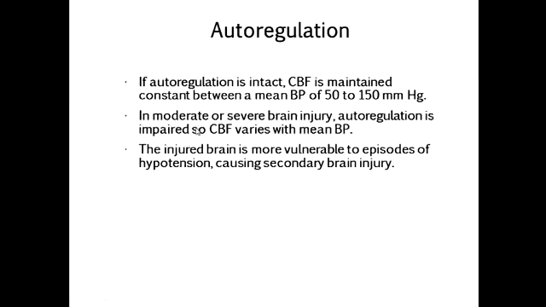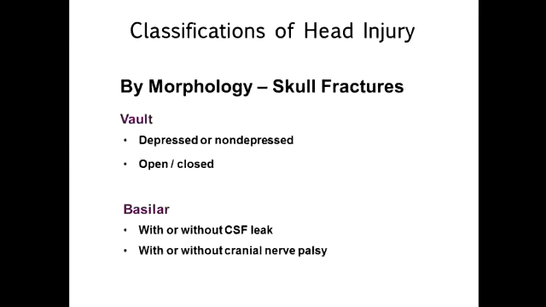But in moderate or severe brain injury, where this autoregulation is impaired, the cerebral blood flow varies with the mean blood pressure systemically, and the injured brain therefore is more vulnerable to episodes of hypotension, which causes secondary brain injury. It is the reduction or avoidance of secondary brain injury which is the goal of all medical efforts in the injured brain. How do we classify head injuries?